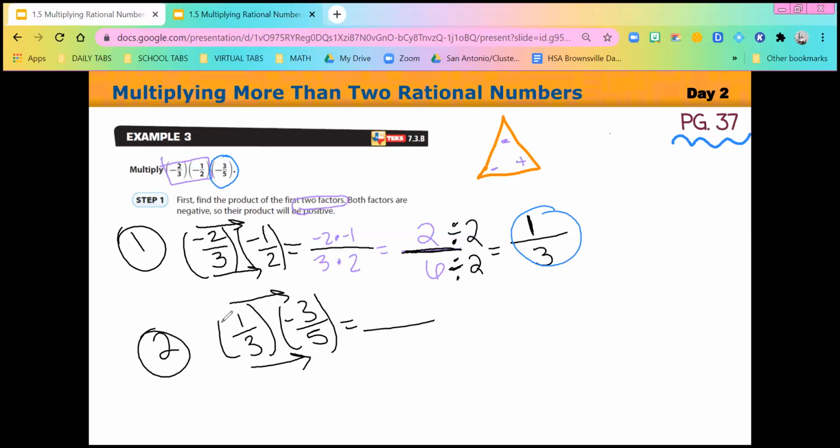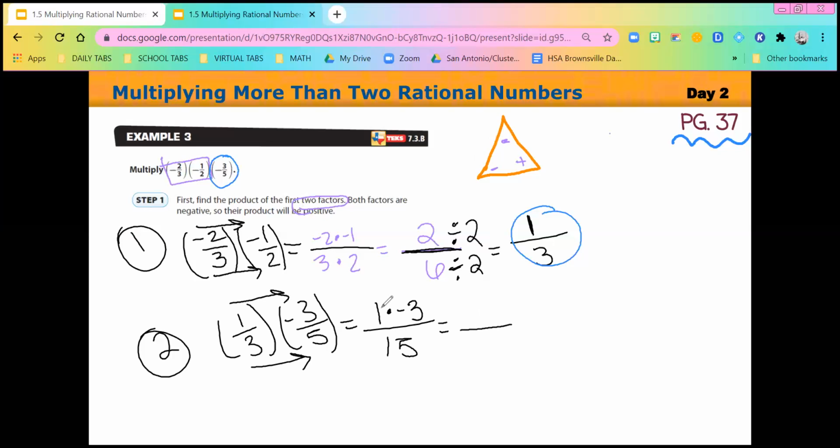I'm going to basically rewrite this. So 1 times negative 3, that's my numerator. And then my denominator is 3 times 5, which we all know is 15, right? Now we can simplify this fraction a little bit more, and we can do the multiplication.